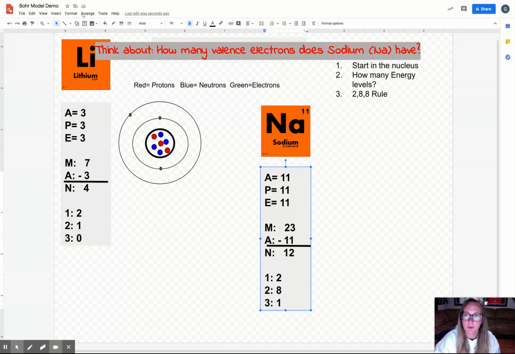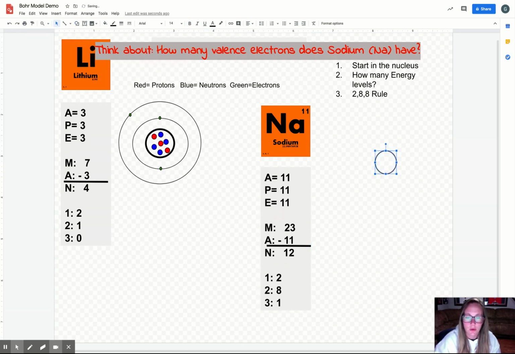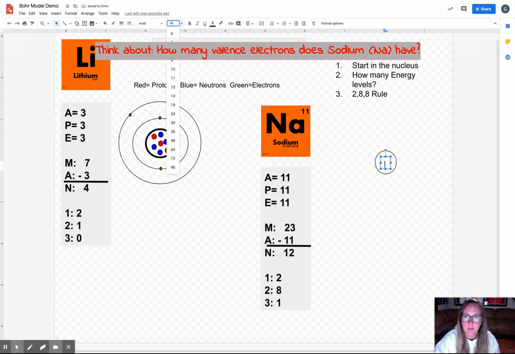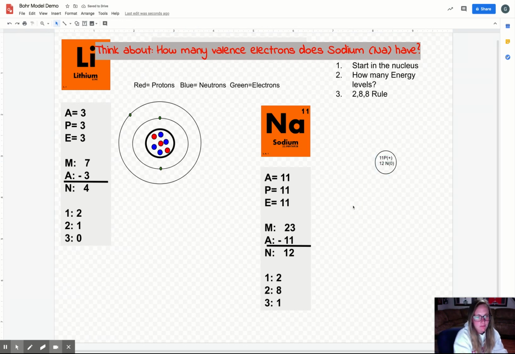So I'm going to draw. First, you start with your nucleus. I'm going to make a text box. I'm just going to write in how many protons and neutrons there are in the nucleus. So you have 11 protons and 12 neutrons.